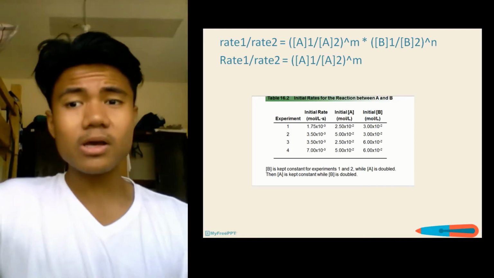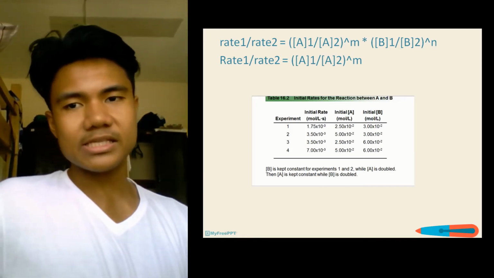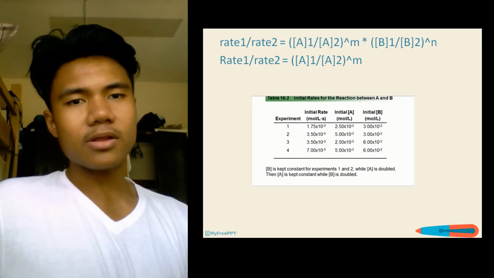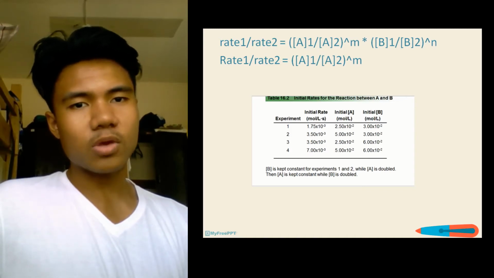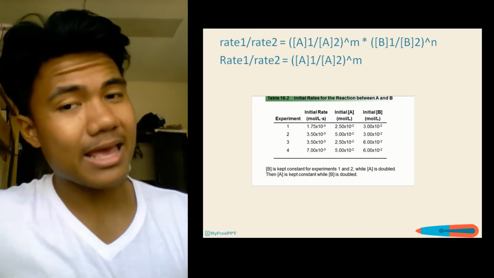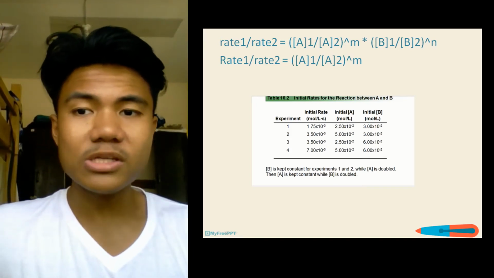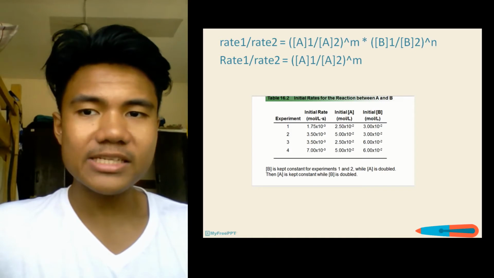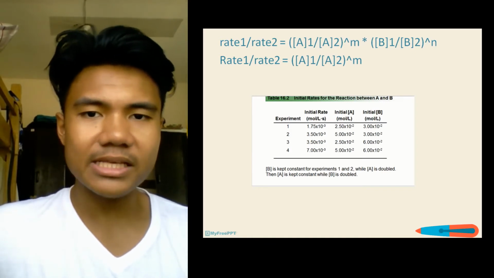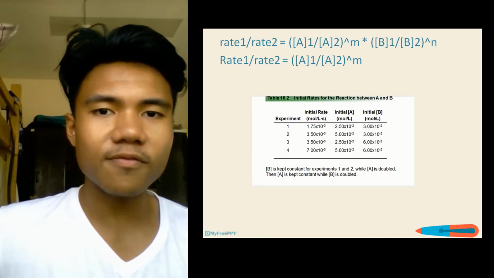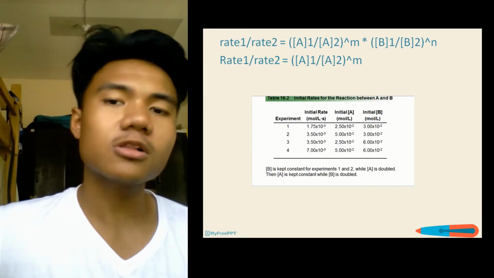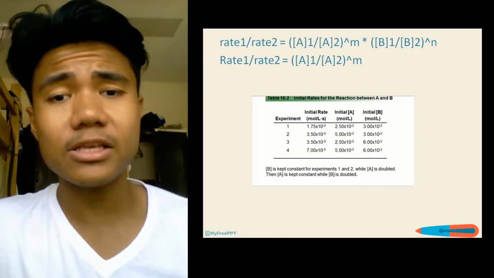So taking that into account, we simplify the equation into this, because B1 over B2 is already 1. We already know that despite not knowing what n is, what the order of B is. So once we get this equation, we can just plug in the values and see the value of m because we have only one variable missing and we know all of the rest of the values.